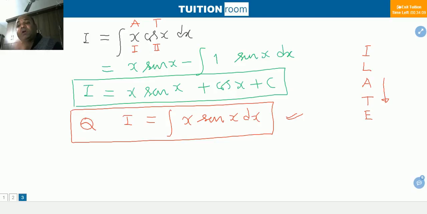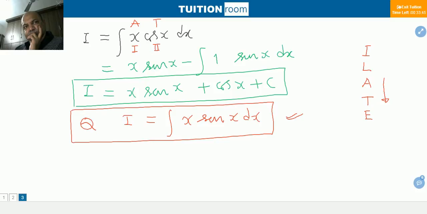Now, one more example. Suppose we have to find the value of the integral of log x upon x squared dx.